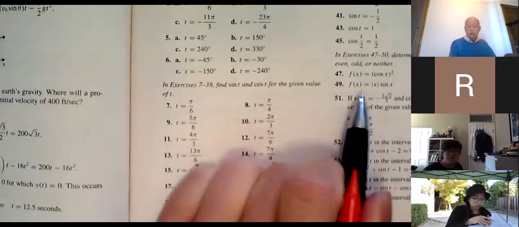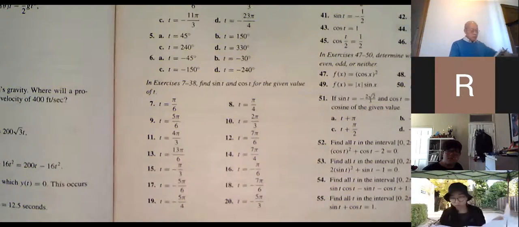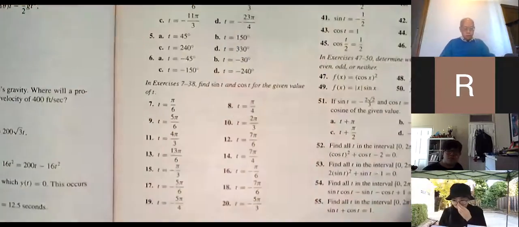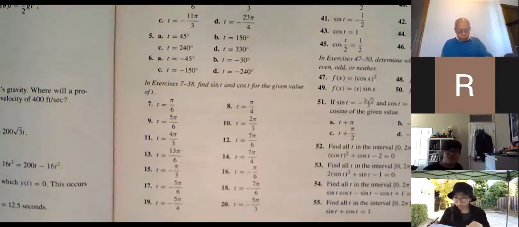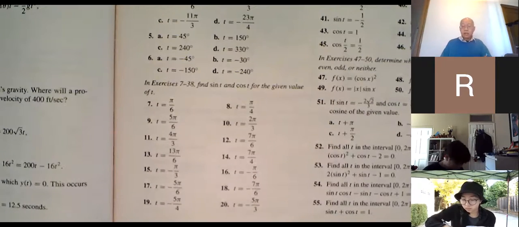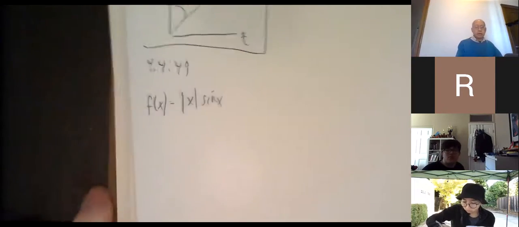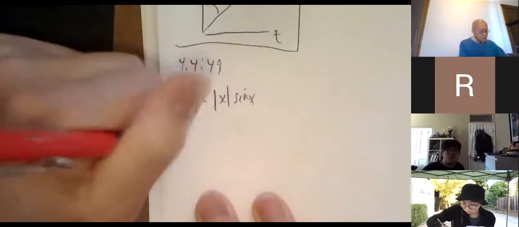4.4, 49. Okay, determine if the function is even, odd, or neither. F of x equals absolute value of x, sine of x. So to determine even or odd or neither, you replace x with negative x.